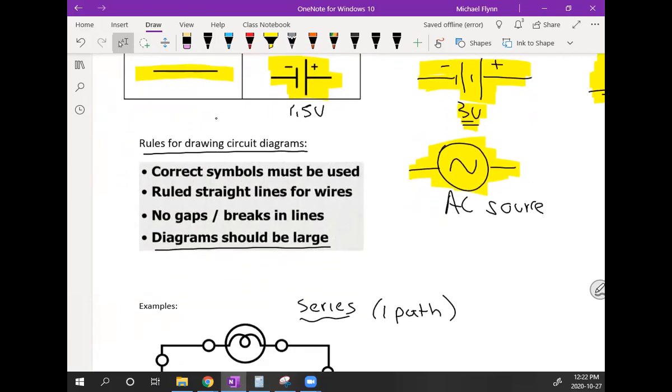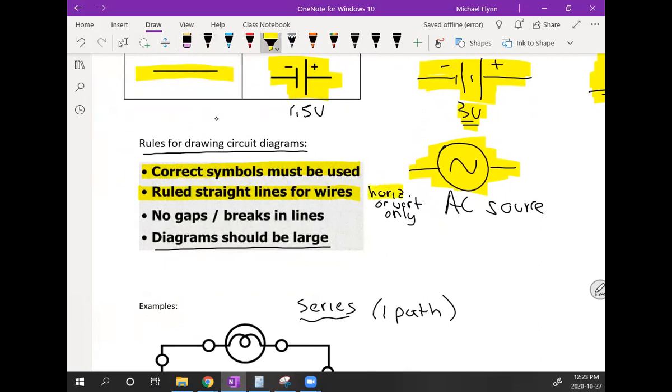Okay, now there's a few rules for drawing the circuit diagrams. So number 1, you must use the correct symbol, which I've just shown you, okay, for the various elements in the circuit. Number 2, you use straight lines, draw with a ruler, preferably, okay? And here's the thing, there's no diagonal lines. They're either horizontal lines or vertical lines only.